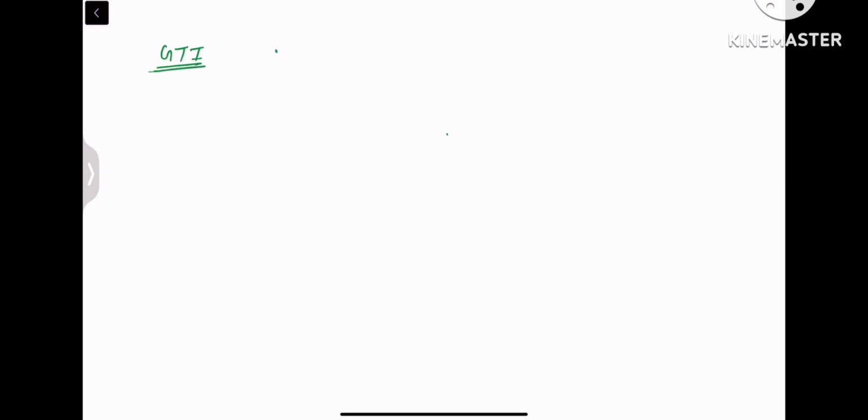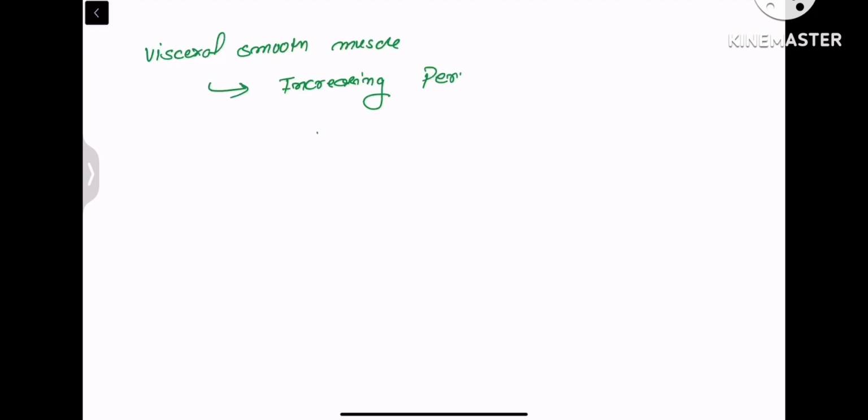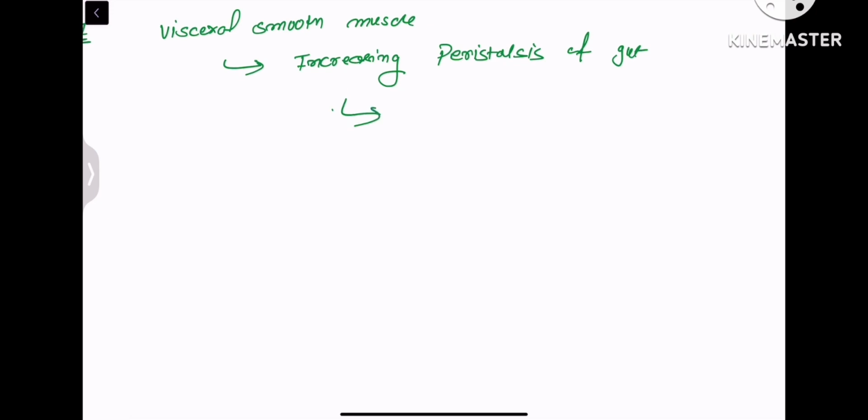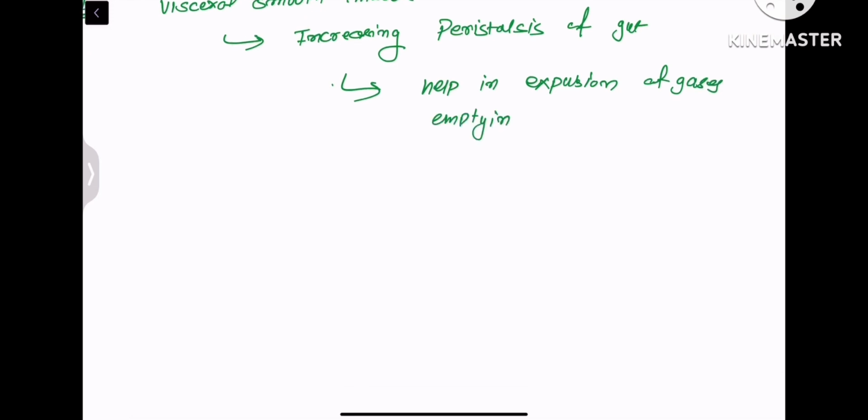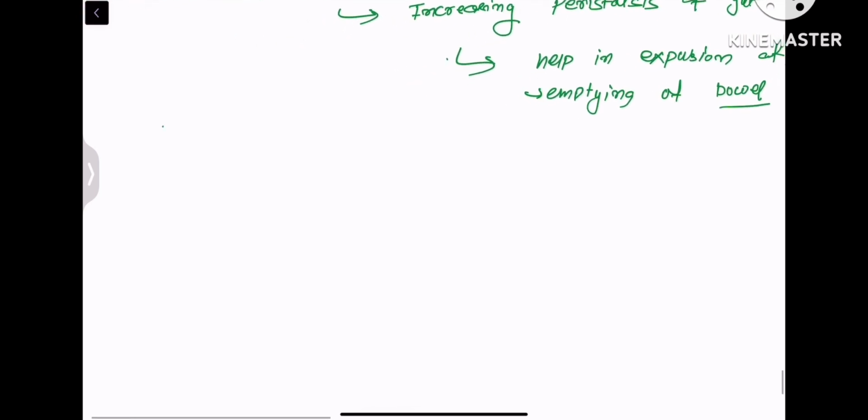Action on GIT, visceral smooth muscles: increasing peristalsis of gut, helpful in expulsion of gas and emptying of bowel.